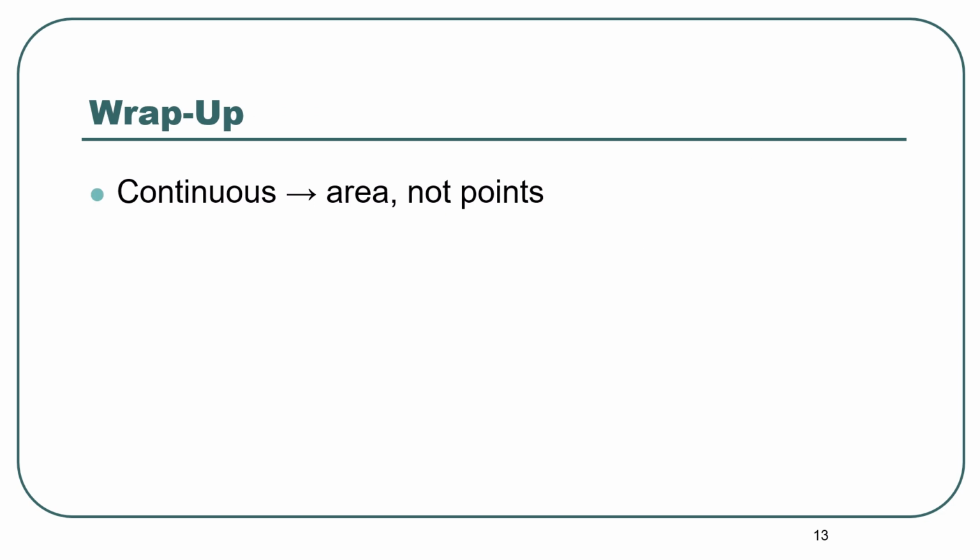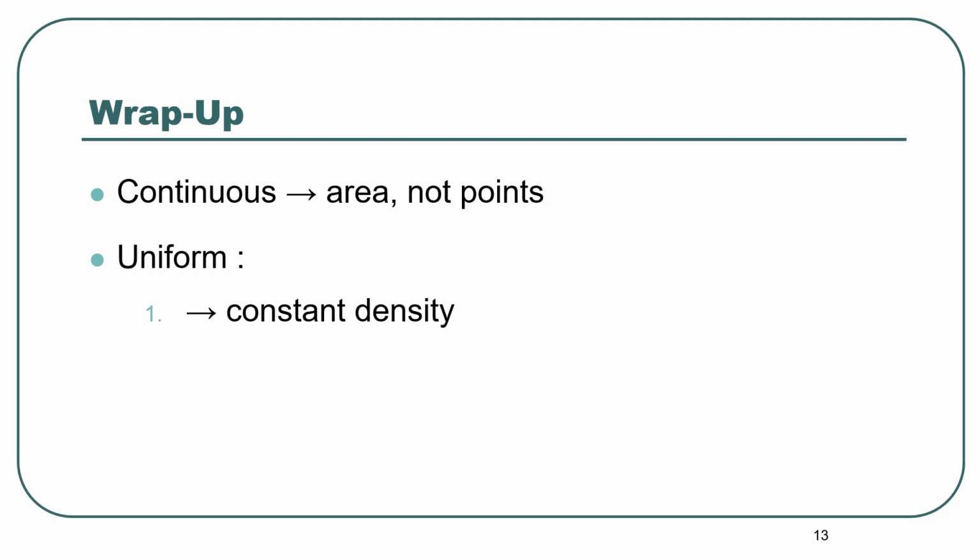And to wrap up everything, the PDF for a continuous random variable calculates the probability as an area, not as points, because the probability of a continuous random variable to be exactly a specific x is 0. We discussed the uniform, and for the uniform we saw that it is a constant density.